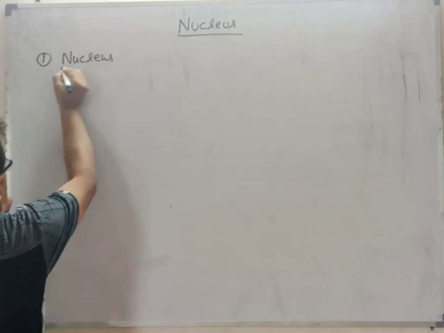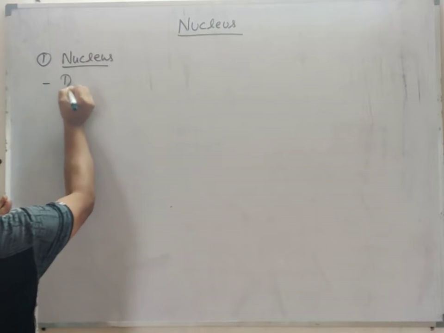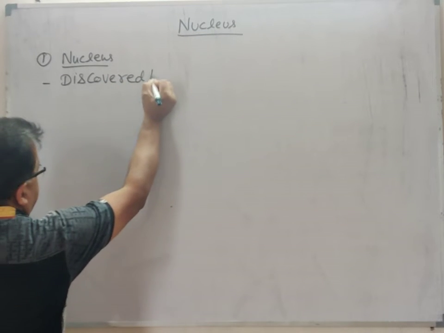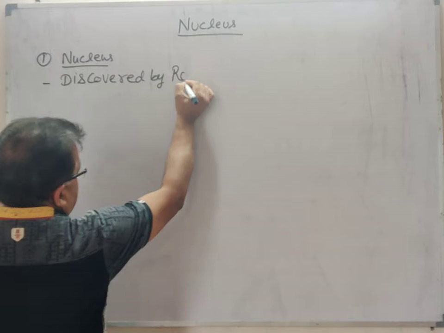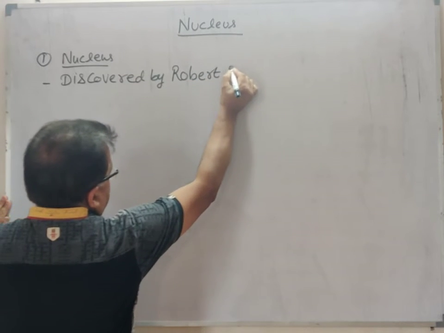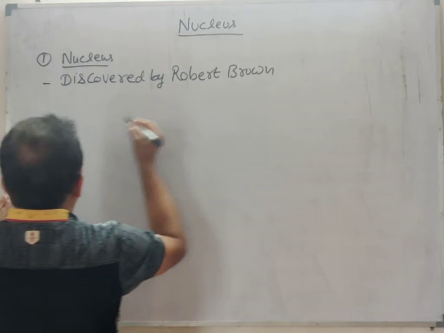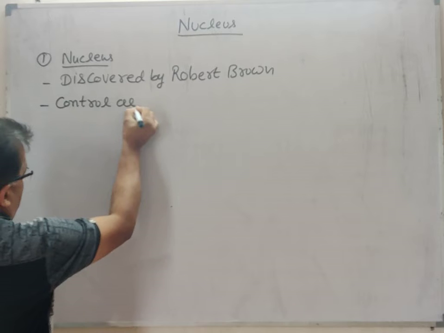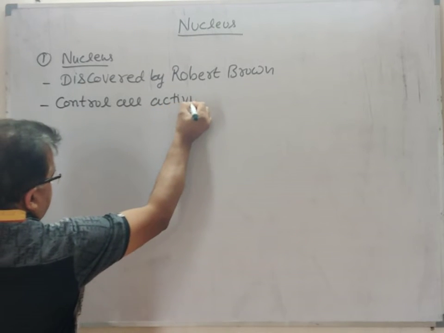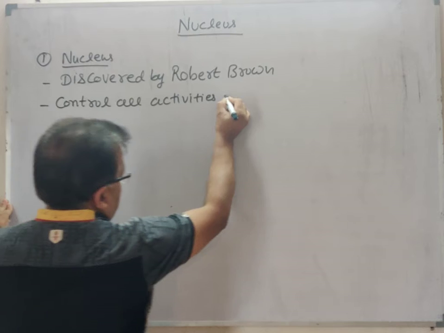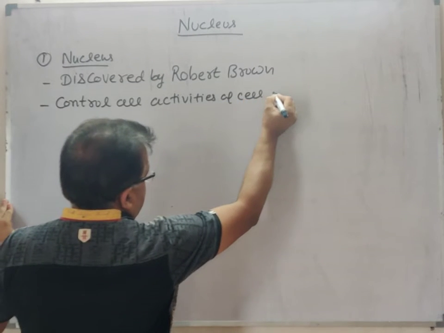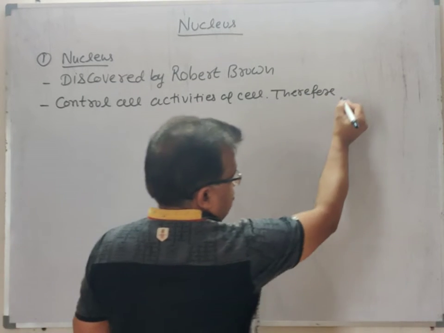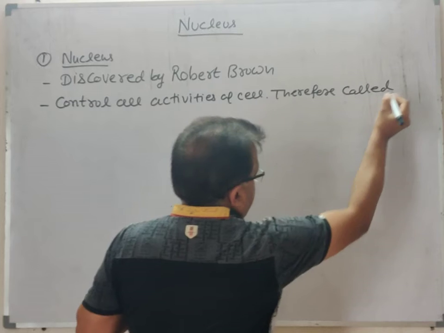Nucleus, discovered by scientist Robert Brown. Controls all activities of cell, therefore called brain of cell.